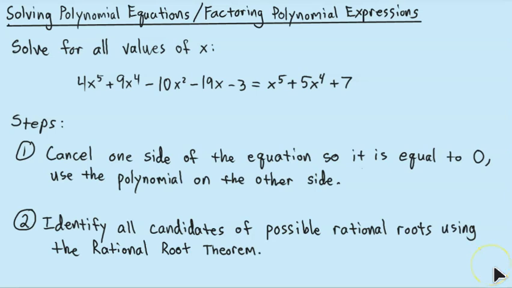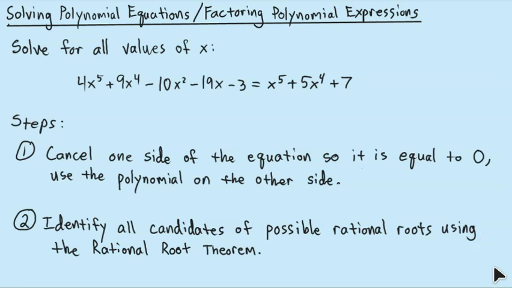All right, and then after we cancel one side of the equation so that one side is equal to 0, the next thing we're going to do is use the rational root theorem, which we learned in a previous lesson, or in a previous video in this same lesson. We're going to identify all of the candidates of possible rational roots.